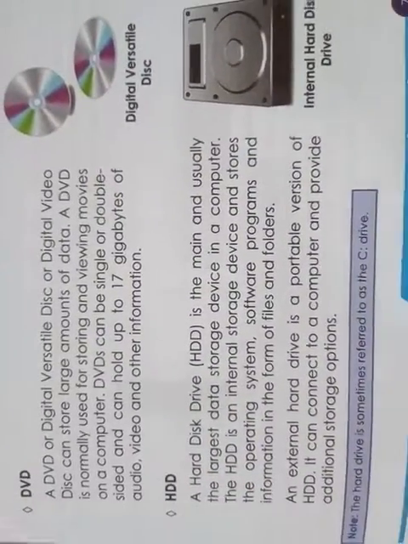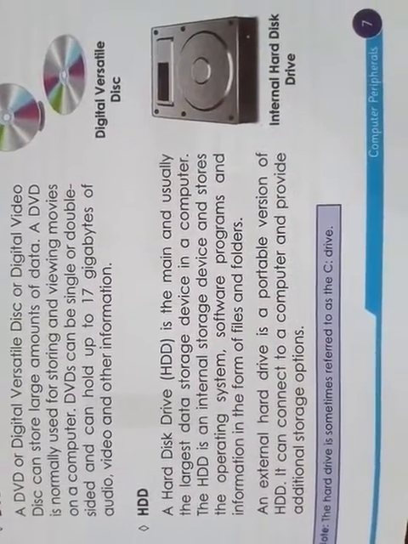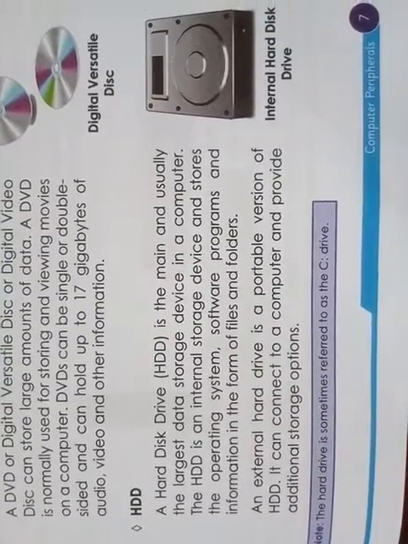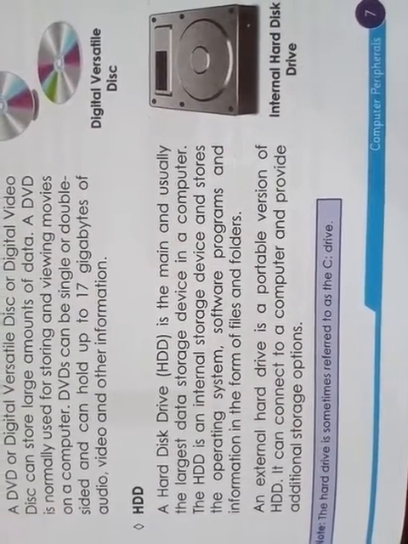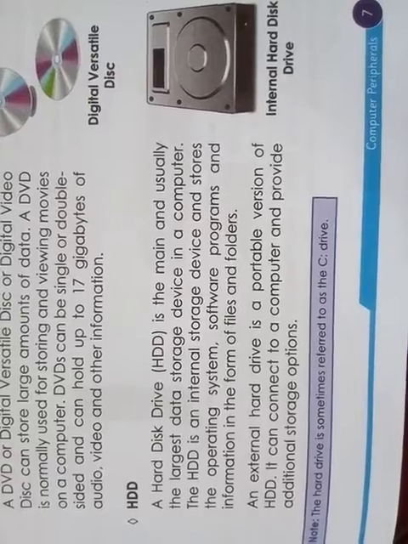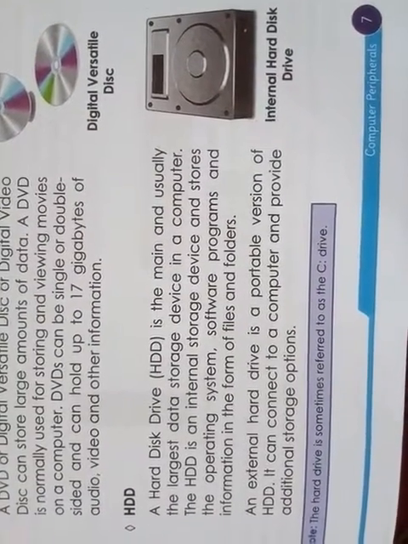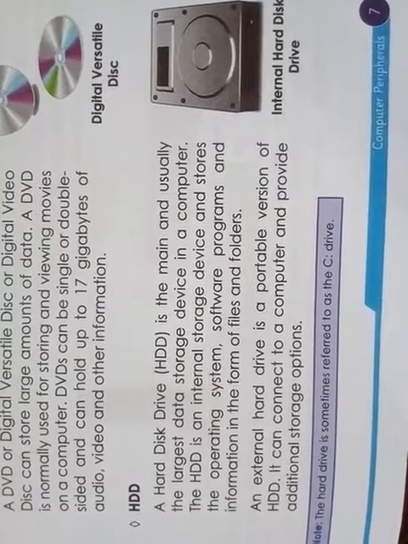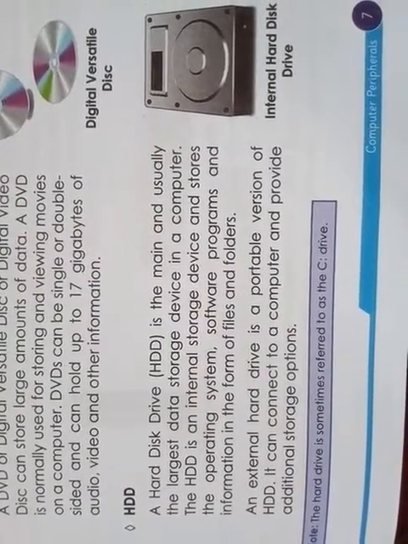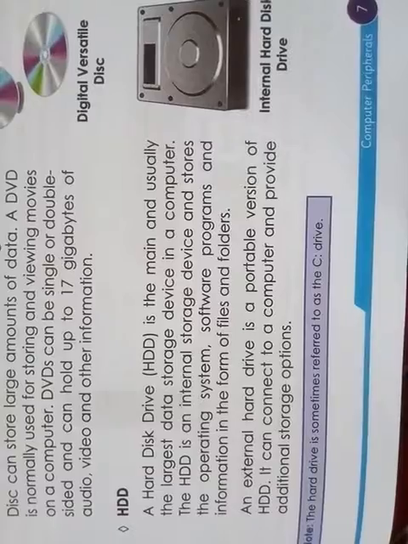Then HDD means hard disk drive, which is the main and usually the largest data storage device in the computer. The HDD is an internal storage device and stores the operating system, software programs, and information in the form of files and folders.